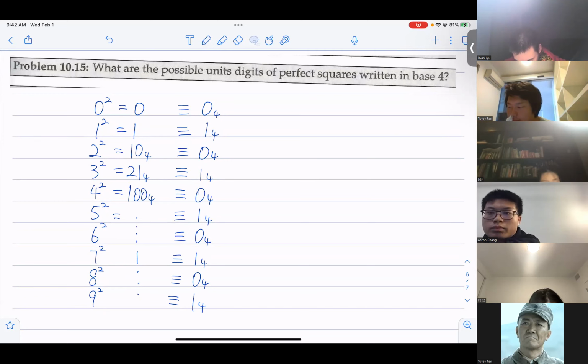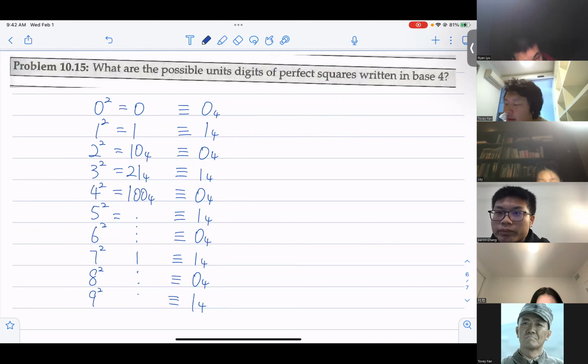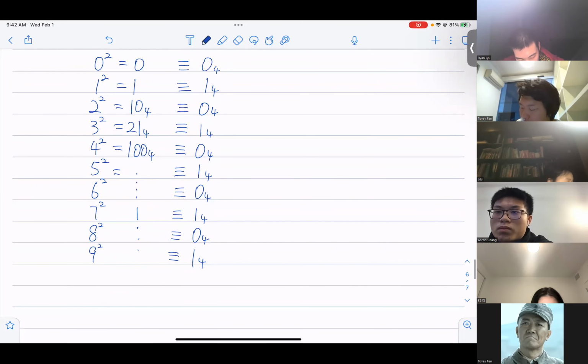So what does this tell us? It tells us that if you have a perfect square and you write it in base 4, the unit digit can only be 0 or 1. So in other words, if you divide a perfect square by 4, the remainder can only be 0 or 1. Okay, and this is the very special important fact here.